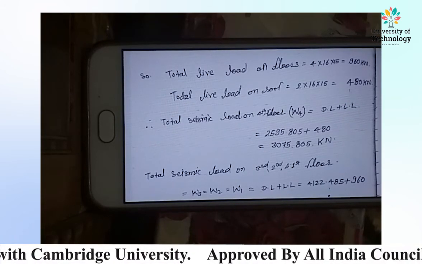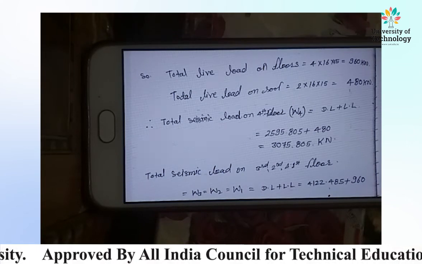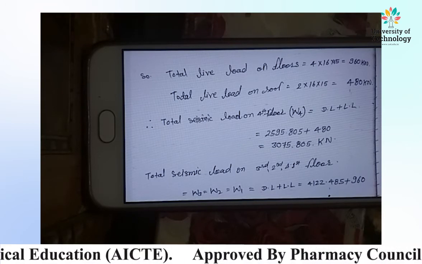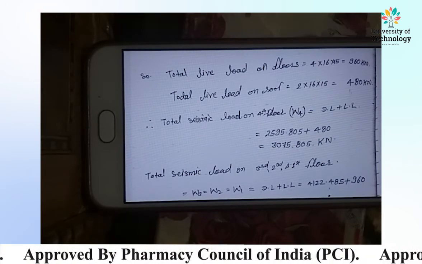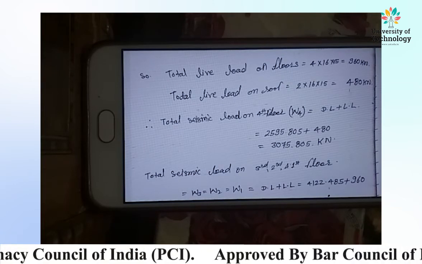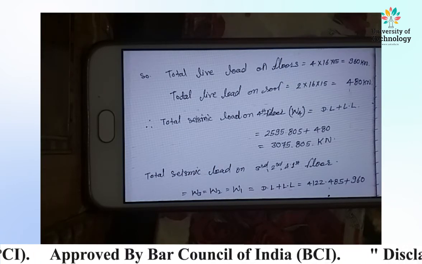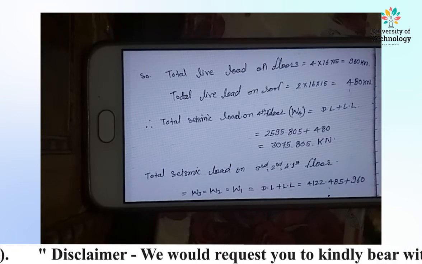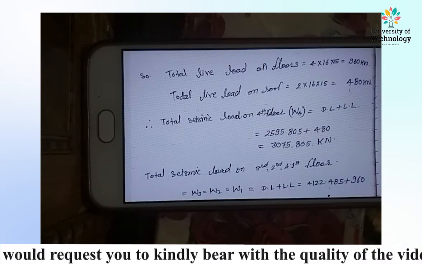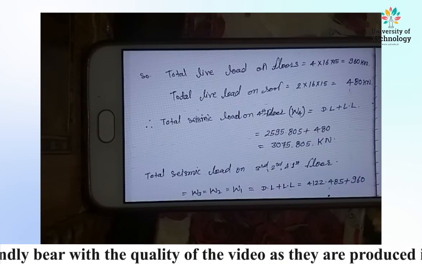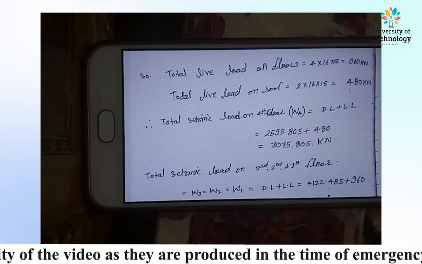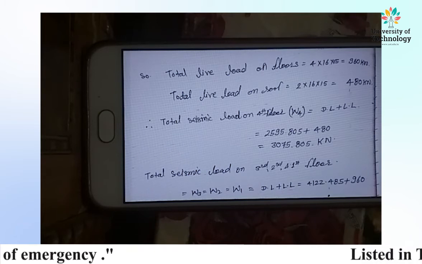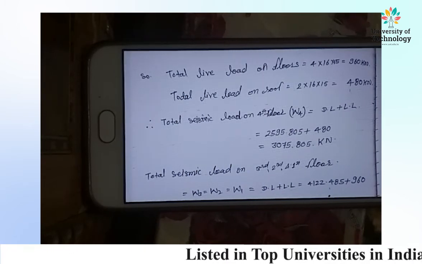So total live load on floor equals 4 into 16 into 15, which is 960 kilonewton. Similarly, total live load on roof equals 2 into 16 into 15, so the live load on roof equals 480 kilonewton.